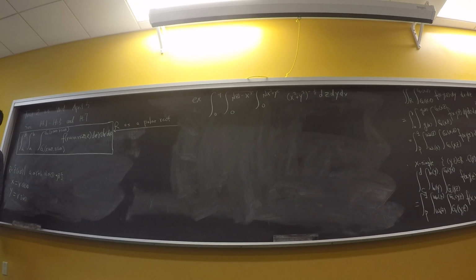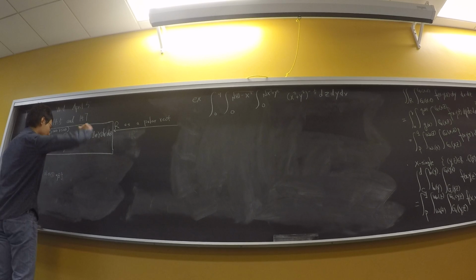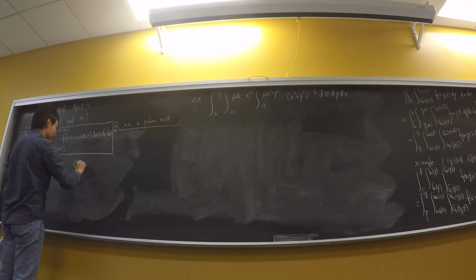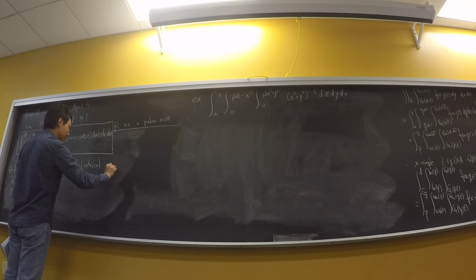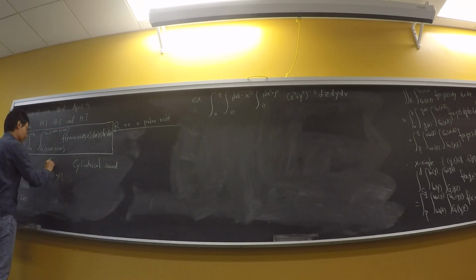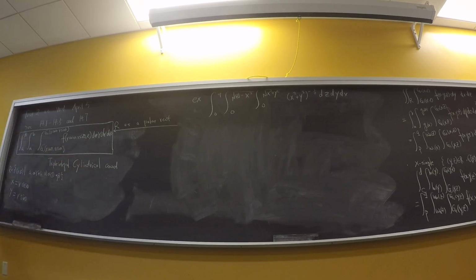Because the polar coordinates are occurring in this formula, it is called a cylindrical coordinate system. So this is a triple integral in cylindrical coordinates. I don't even want to call it cylindrical, it doesn't really make that much difference.